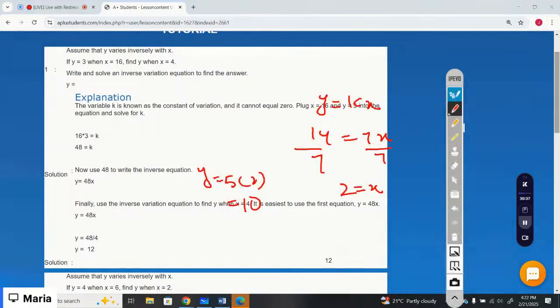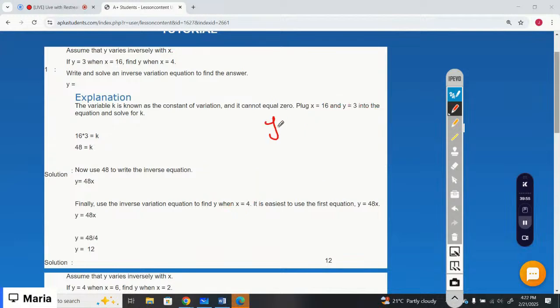When x and y are inversely proportional, the equation is y equals k over x. You are given x and y, you need to find the k.